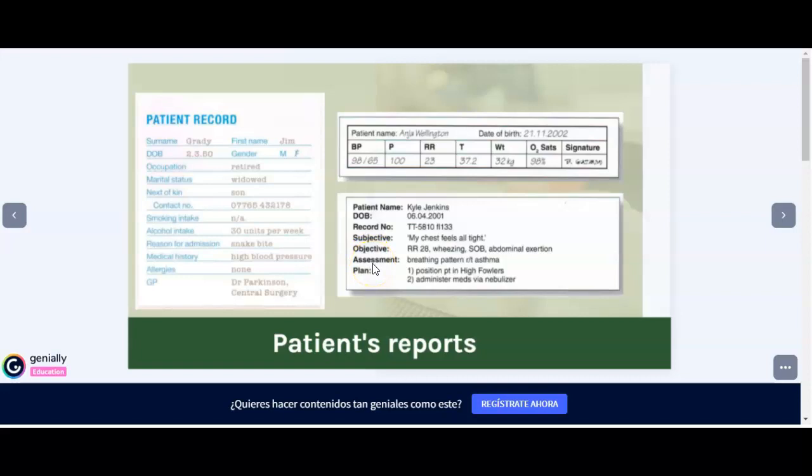Then we have the assessment, that is the summary that you will create about the patient's immediate medical problems. It is related to this part, okay? And then the plan is what the nurse plans to do to treat the patient's symptoms and help with the problem. So these are the 4 parts that a SOAP report contains.